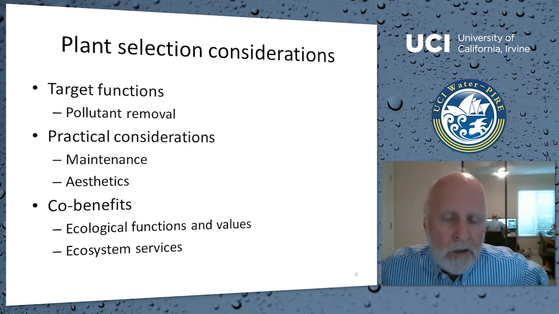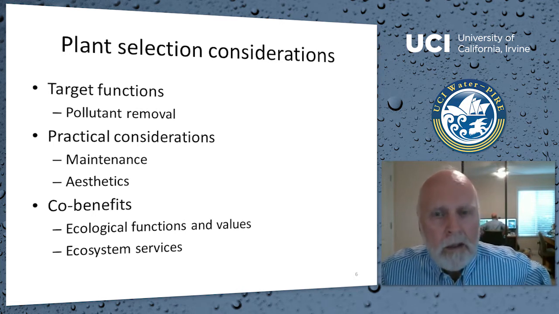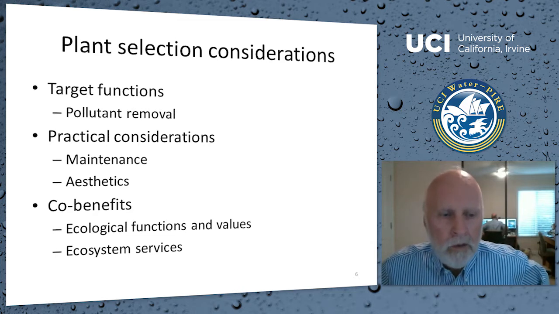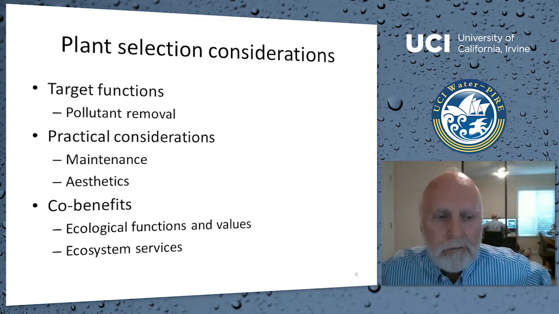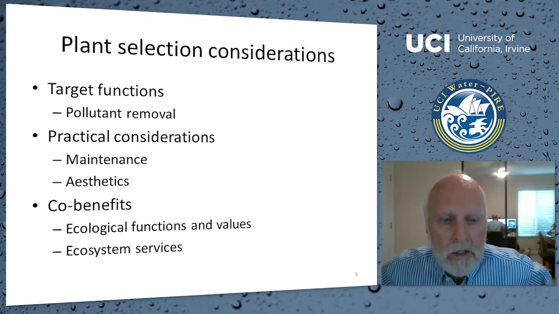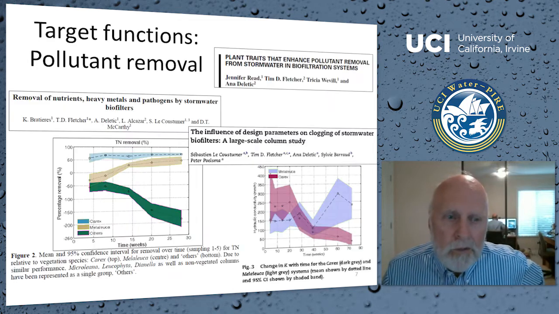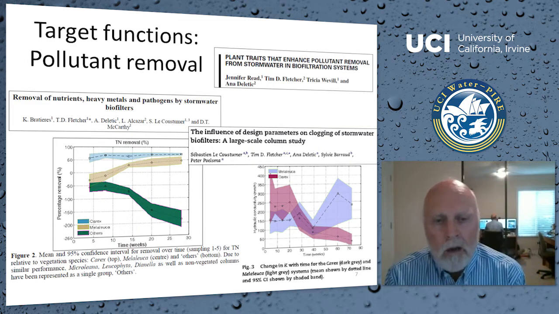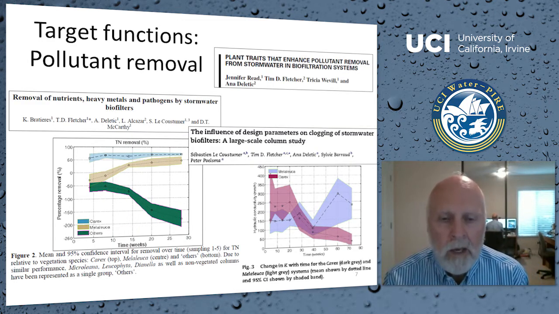And then there's practical considerations like how they might influence maintenance or how they influence aesthetics. And then there's co-benefits that I want to talk about. So ecological functions and values and ecosystem services, and Lisa and Jennifer both talked about these things, and so there'll be some overlap here.